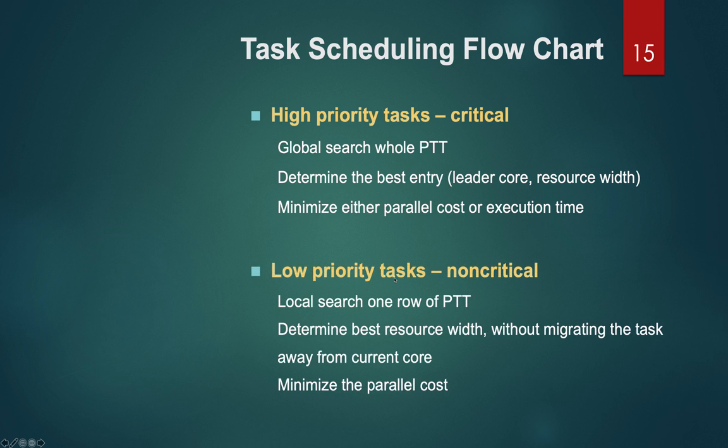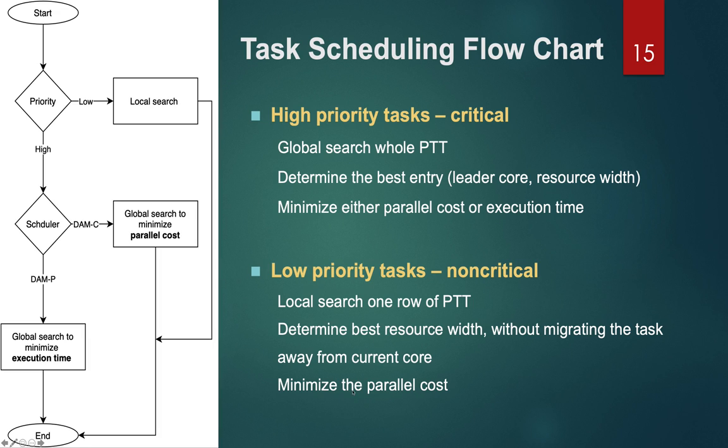Well, for low priority tasks, we do a local search. It means that we keep the launching core fixed and only search for the best resource width. In this case, we keep preserving the data locality. And the low priority tasks target parallel cost, whether DAMP or DAMC.